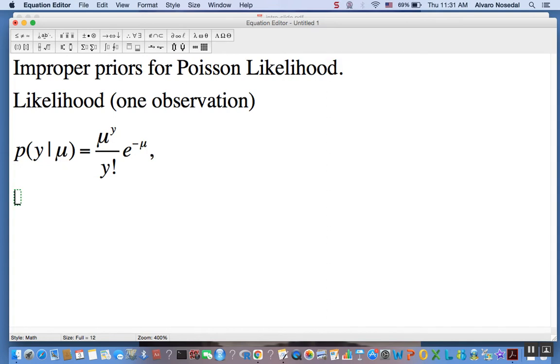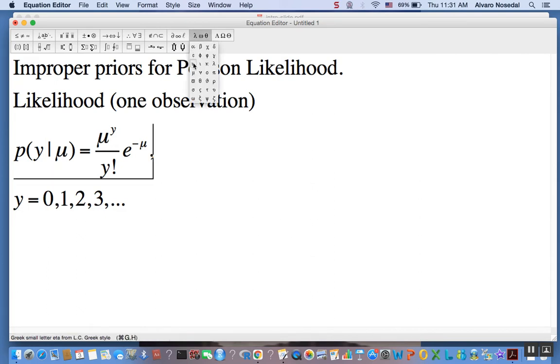And the support for this probability mass function is 0, 1, 2, 3, and so on. Okay, and mu has to be positive.